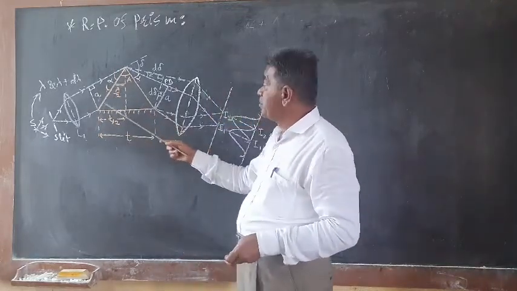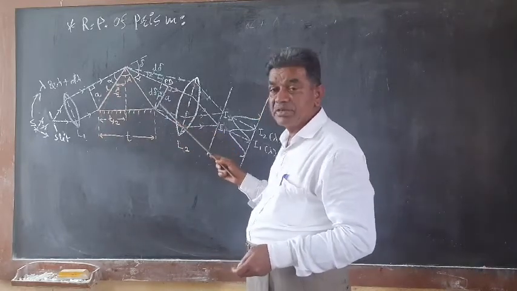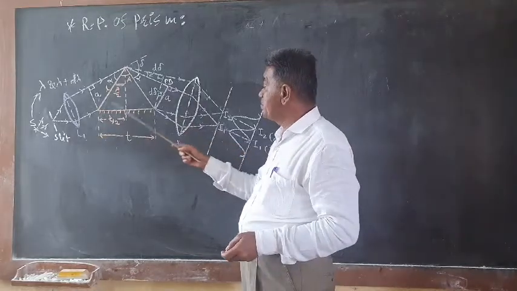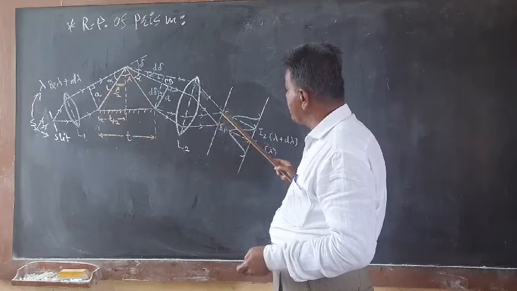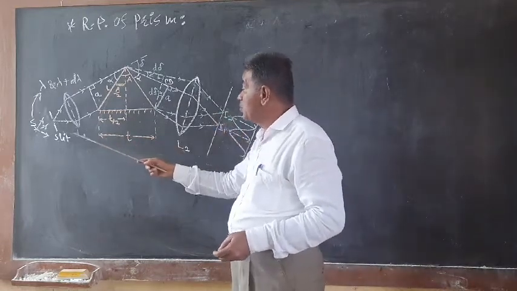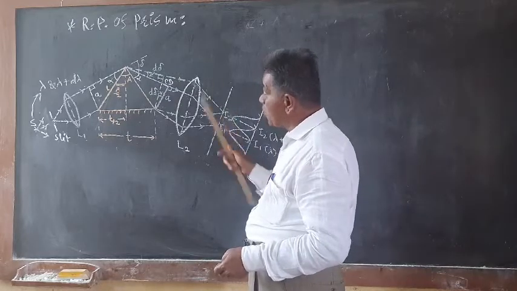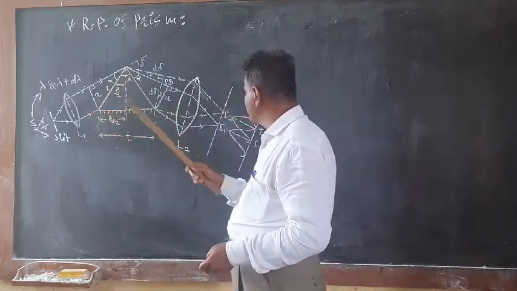Now when this light is incident here, the rays are dispersed. The two rays are dispersed because we are getting two images of the slit, I1 and I2. In this figure, I1 and I2 are the two images of the slit due to the wavelengths lambda and lambda plus d lambda.